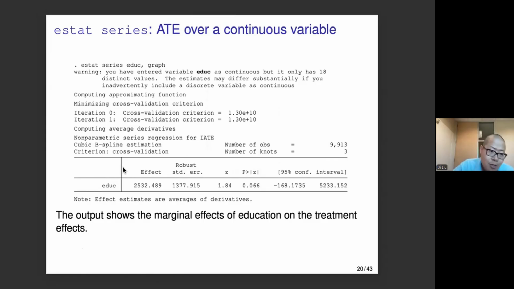So in that case, we can use estat series. Estat series education will approximate the ITE function using non-parametric series regressions. This effect here actually shows the marginal effects of education on the treatment effects.